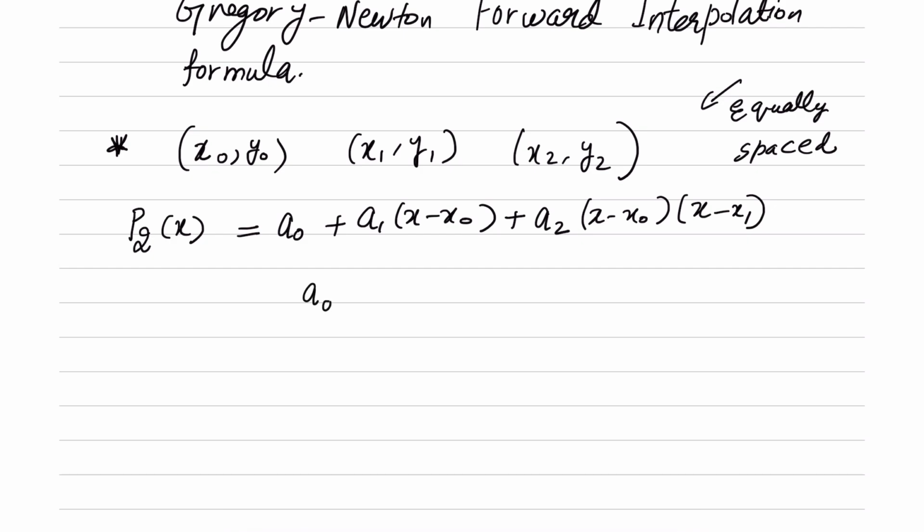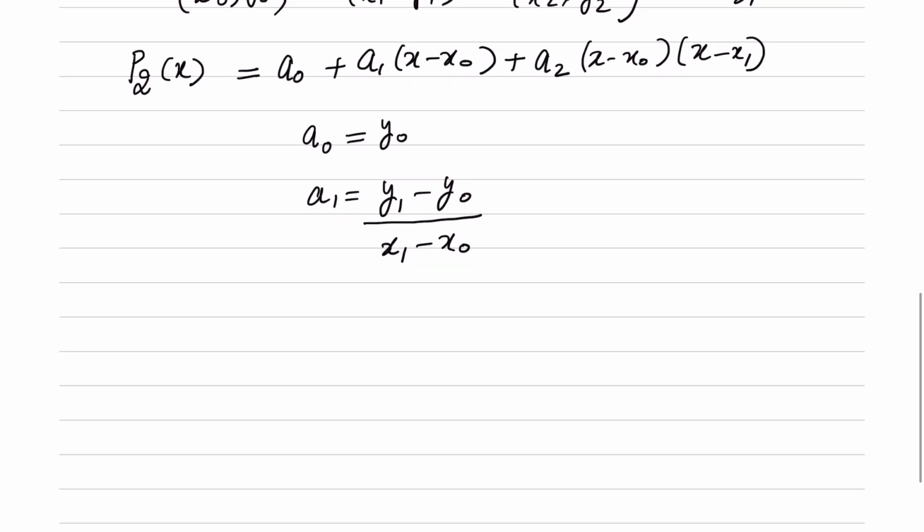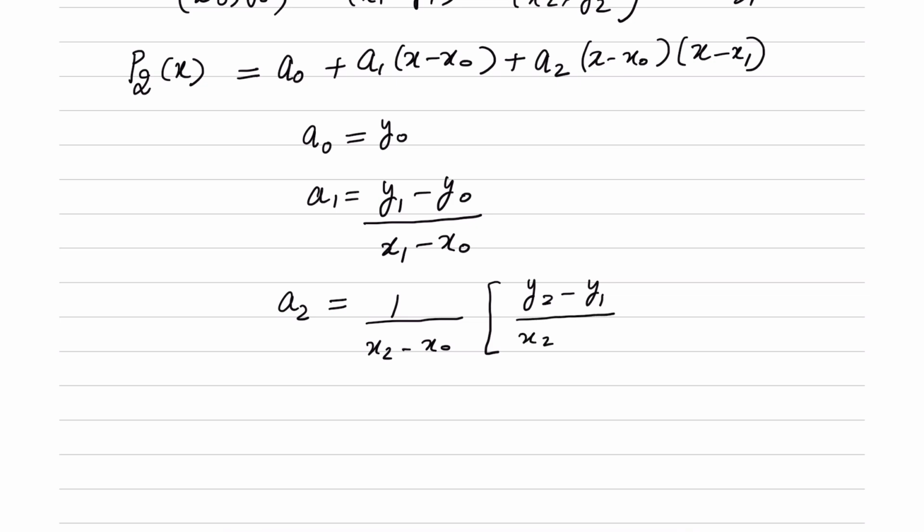You will recall that a0 was y0, a1 was y1 minus y0 over x1 minus x0, and a2 was a bit complex expression which was 1 over x2 minus x0 times the quantity y2 minus y1 over x2 minus x1, minus y1 minus y0 over x1 minus x0.